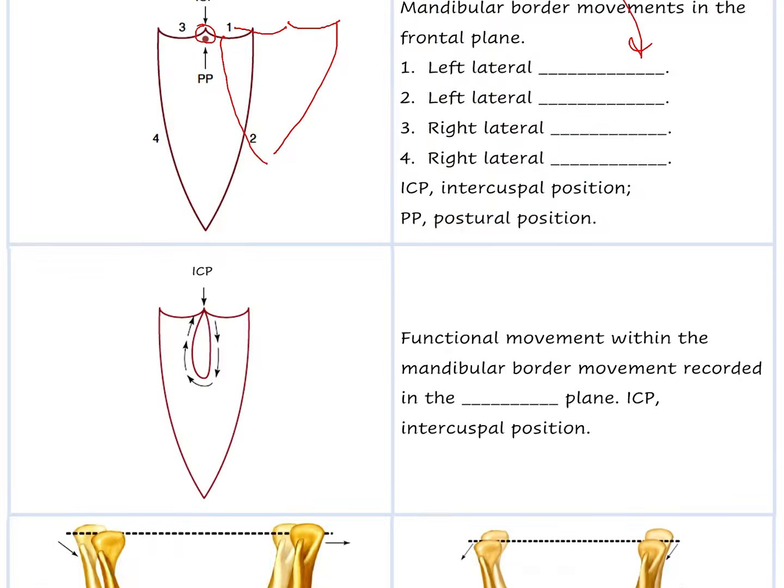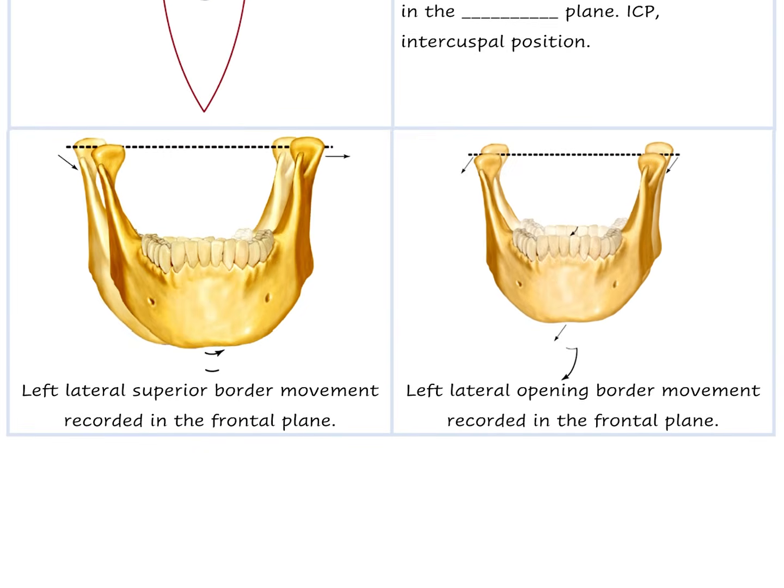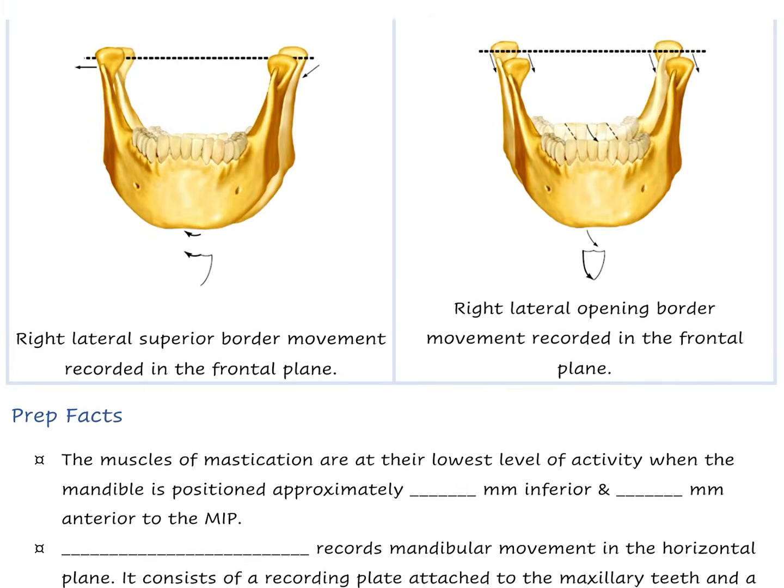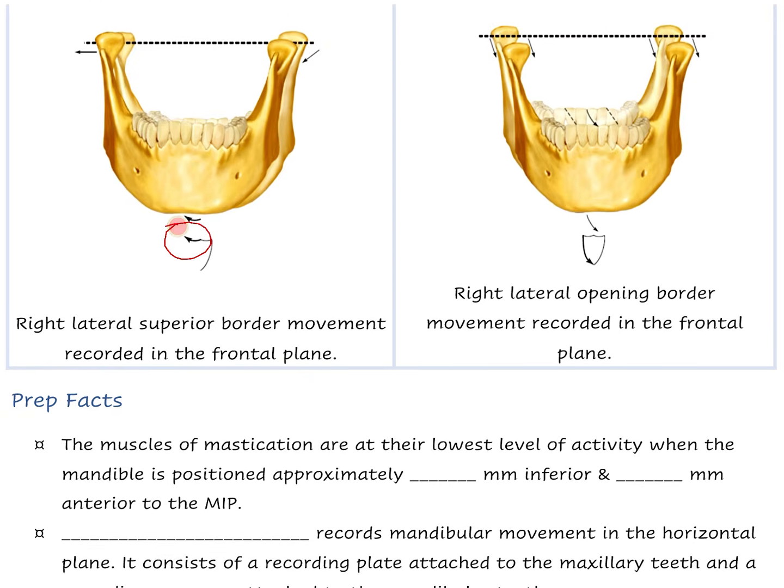That means start your jaw movement on the left, so you get this. Then you open your jaw from the leftmost position, so you get this angle, this border. Then continue on the right side the same way, so you get this border, and then open from the rightmost position, so you get the opening border on the right side.